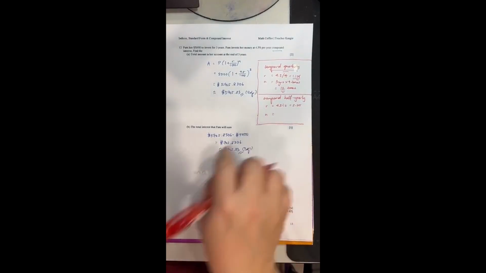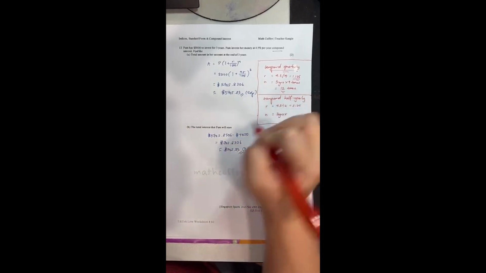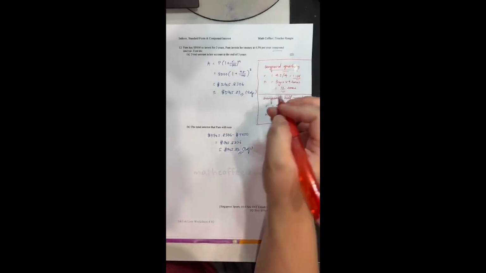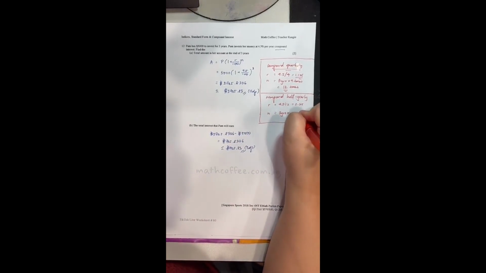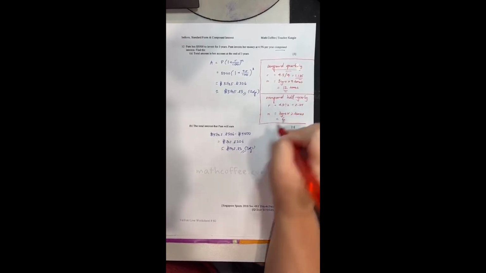Okay, how about the N? It's 3 years, and compound half yearly means 1 year compound 2 times. 3 years compound how many times? Yes, 6. Yes, you got it correct. 3 years times 2 times. So it is 6, okay?